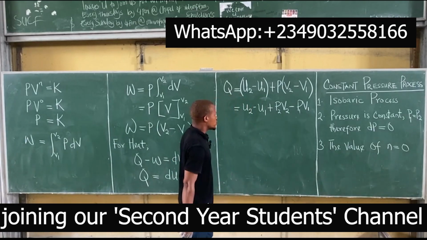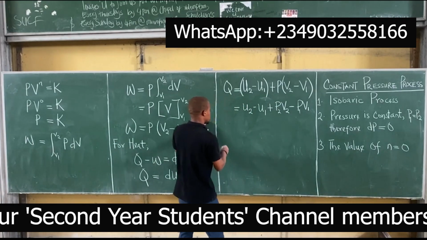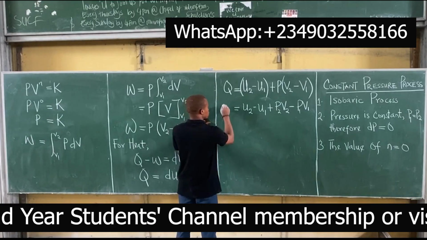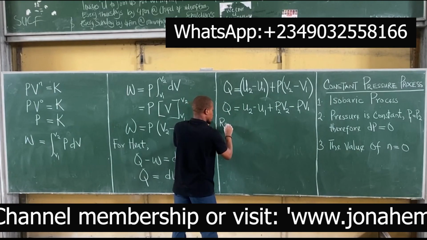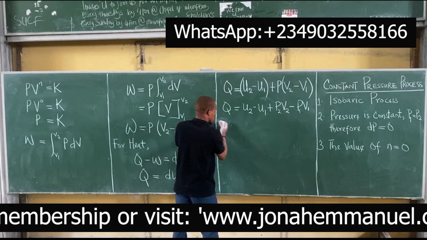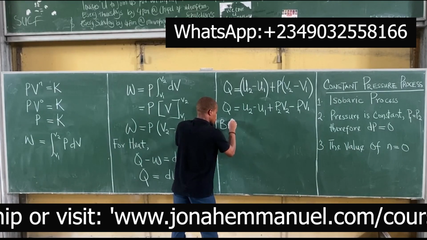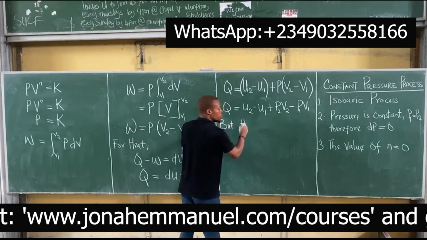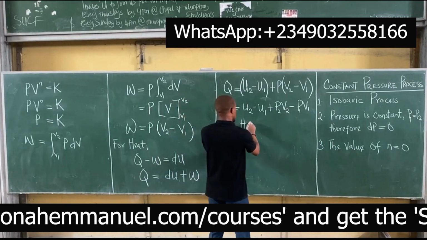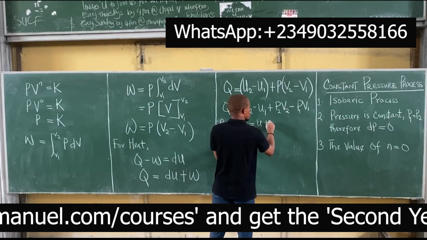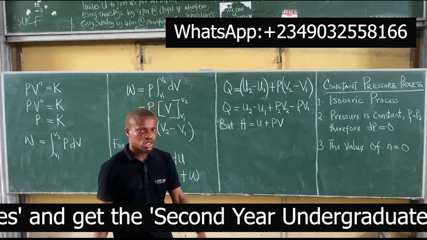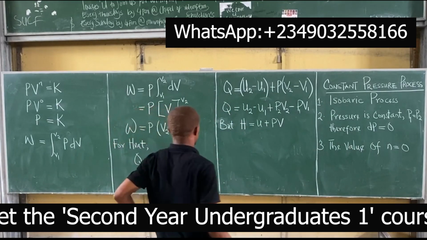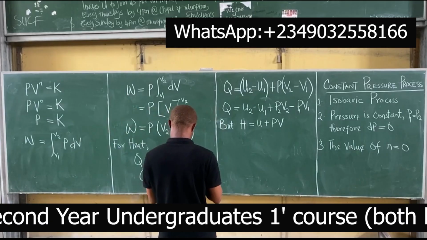And recall that H, our enthalpy, which is called enthalpy, is equal to U plus PV.